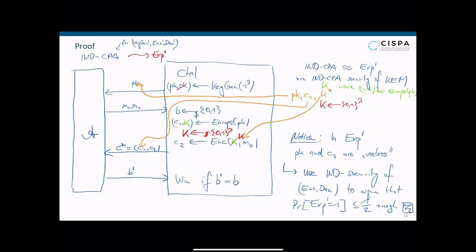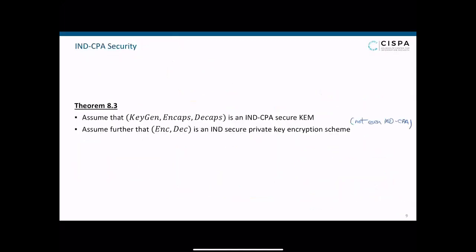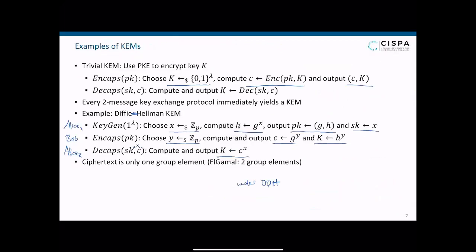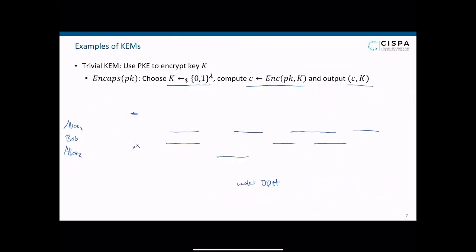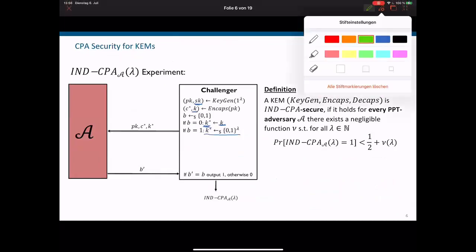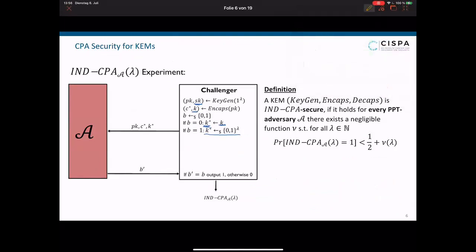So in the chat, the information of green key in C1, this is precisely covered by the security of key encapsulation mechanisms, right? If you look at this here, but that's a good observation. Here we're generating this C star with the Encaps algorithm for the key K, and now for B equals 1, we're replacing K with a random key.